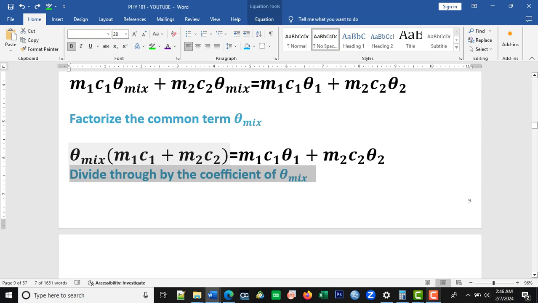Divide through by the coefficient of θ mix. The term in the bracket here is the coefficient of θ mix.